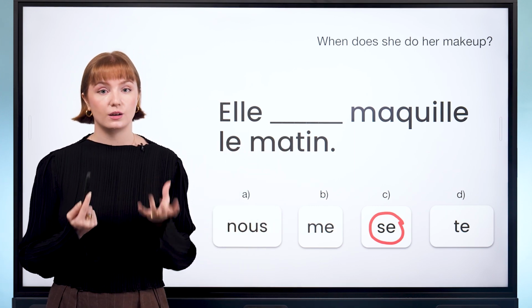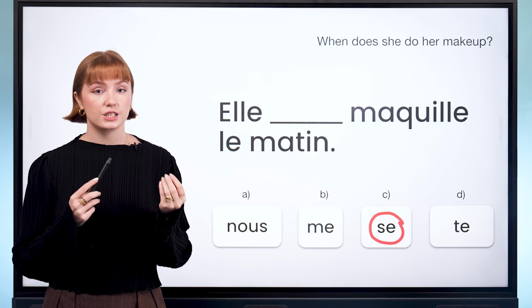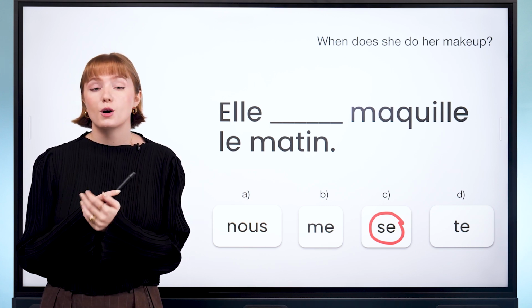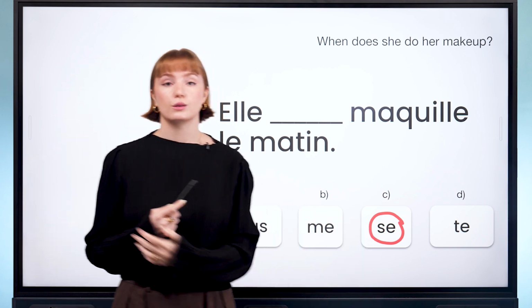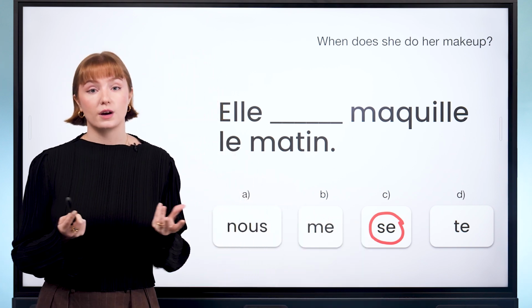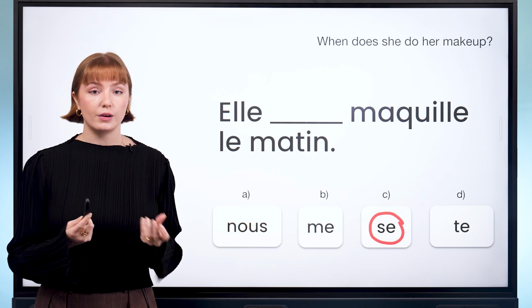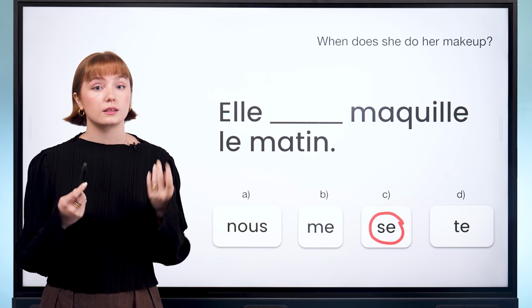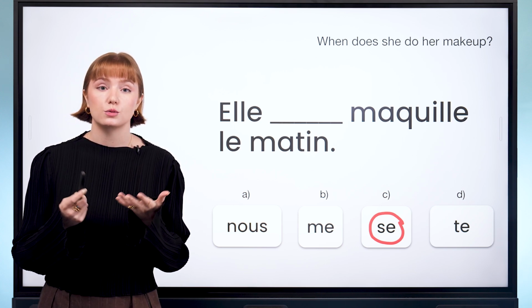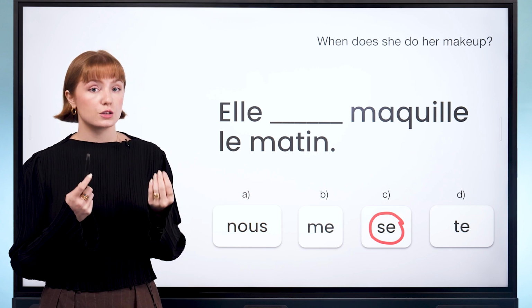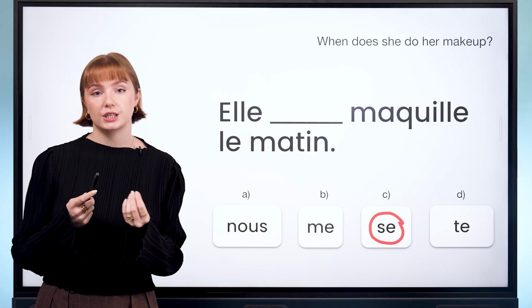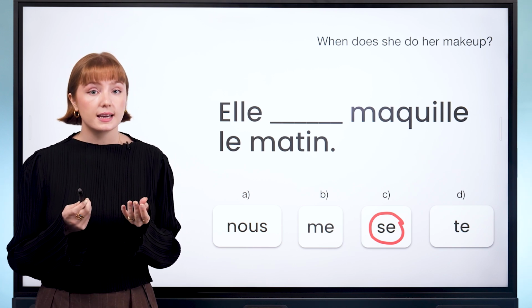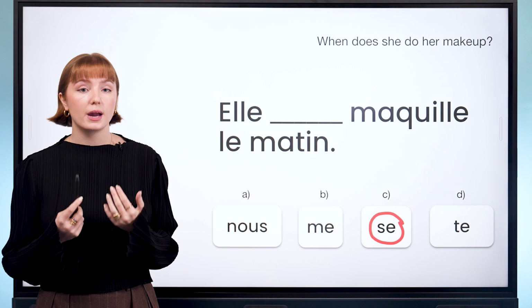Elle se maquille le matin. She puts on makeup in the morning. We use se in this sentence because the verb se maquiller is a reflexive verb, which shows that the subject is doing the action to herself. Se is the reflexive pronoun that goes with elle, she, and indicates that she is applying makeup to herself.